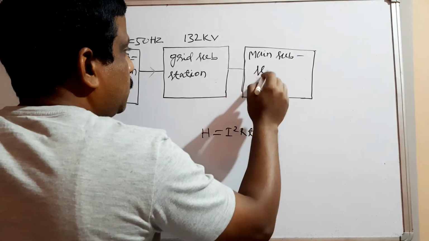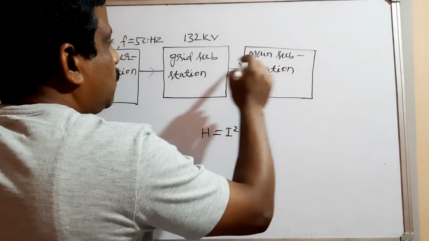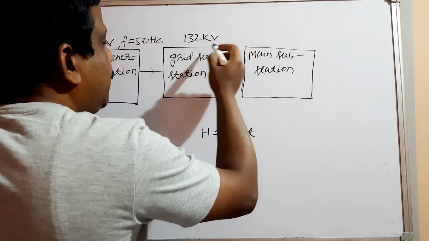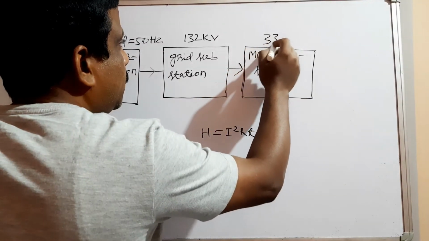At the main substation, the voltage is again reduced, now to 33 kV.